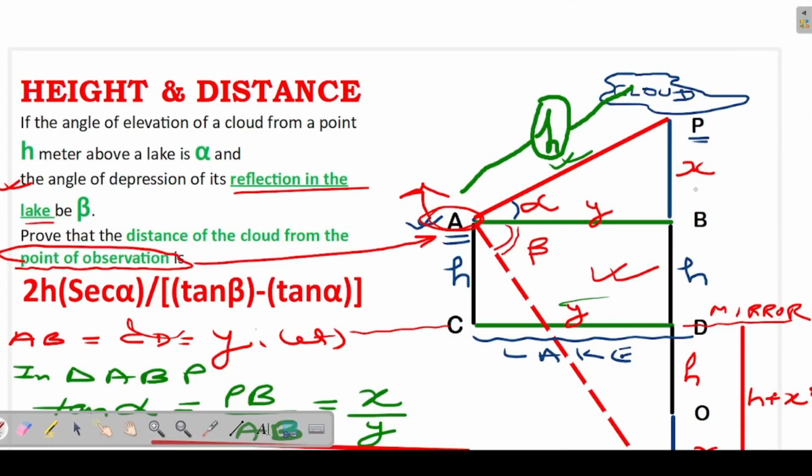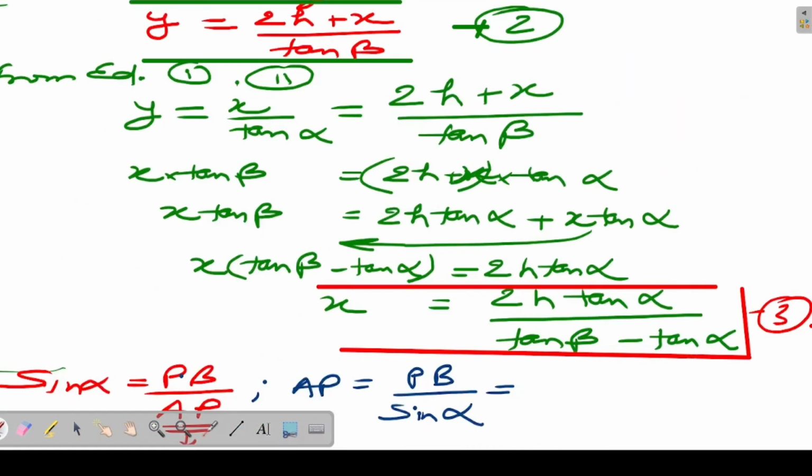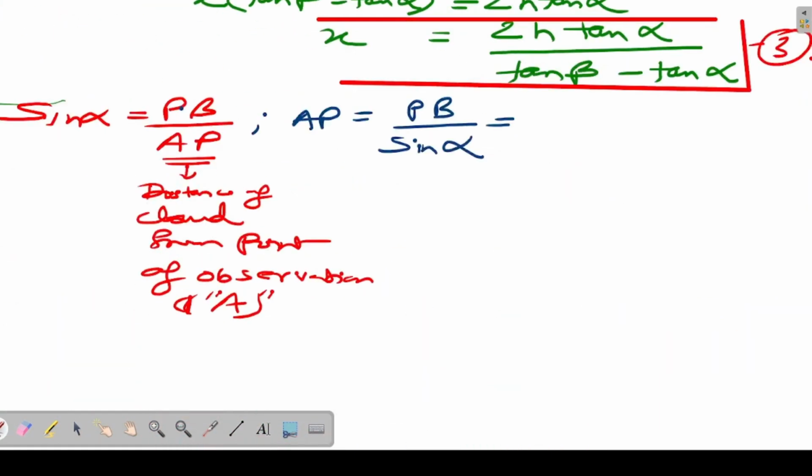Length of PB is x. You can see here, right? So that is equal to x by sin alpha. And what is the value of x? Put from equation number 3.